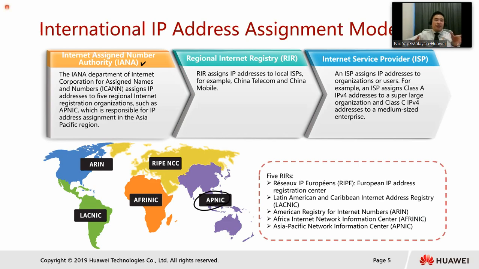So service providers get their addresses from APNIC. The Regional Internet Registry, the RIR, assigns IP addresses to the local ISPs, for example China Telecom and China Mobile. From the region they assign to the different big service providers, and from those providers the addresses are assigned to the users and enterprises. That is how it works, layer by layer: IANA assigns to the RIR, the RIR assigns to the ISP, and the ISP assigns to the user.